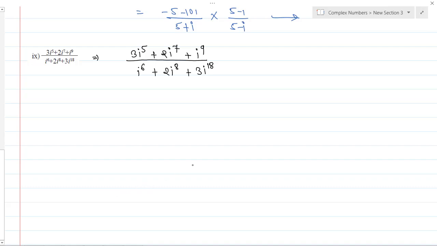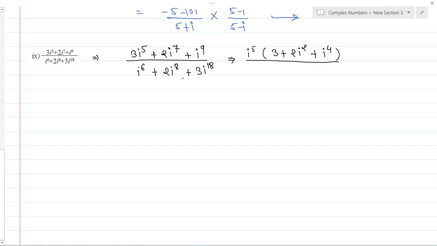Okay, now what will you do? Here you take something common from the numerator and denominator. What common will I take from the numerator? You can take out the smallest power. I raised to power 5 I will take common into 3 plus 2, from 7 subtract 5 leaves 2, plus i, from 9 subtract 5 leaves 4, whole divided by.